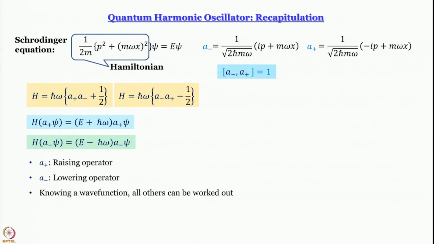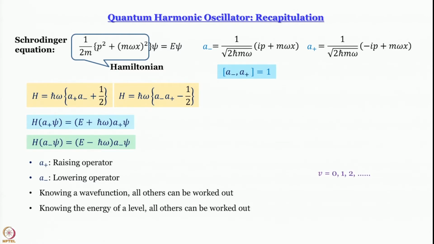Now, this is something we have said earlier: knowing a wave function, in principle using the ladder operator, we should be able to work out all other wave functions by going up or down the ladder one step at a time. And knowing the energy of one level, we should be able to work out the other energies as well.